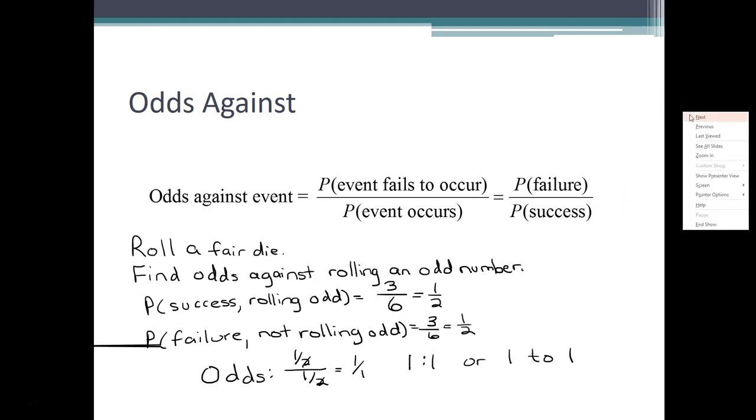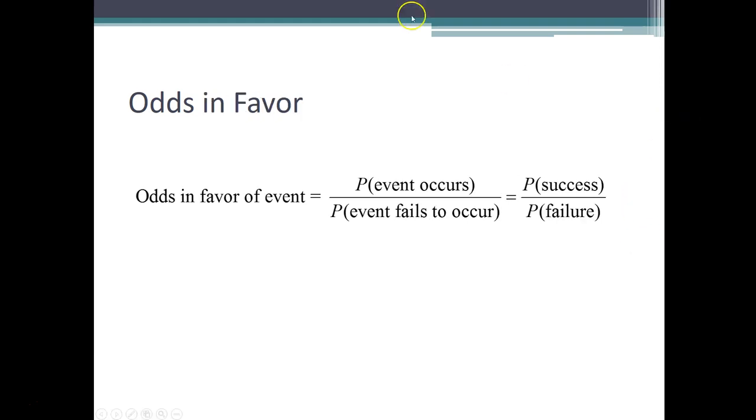Now probability or odds in favor, same kind of idea. Let's say you're picking a card from a standard deck, the standard 52 card deck that I told you guys to learn about.